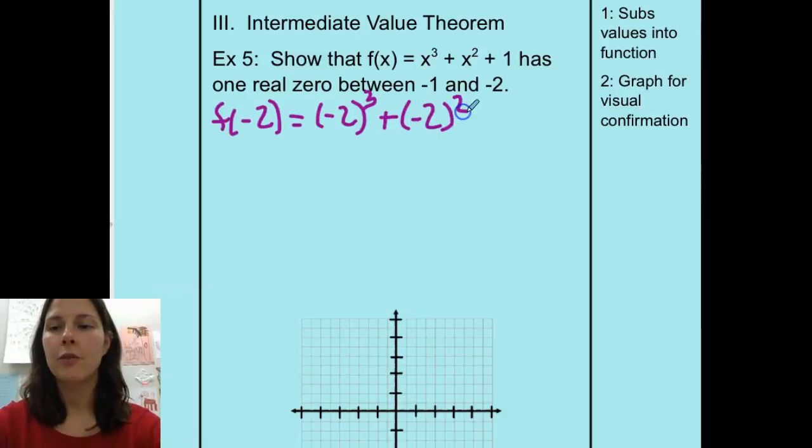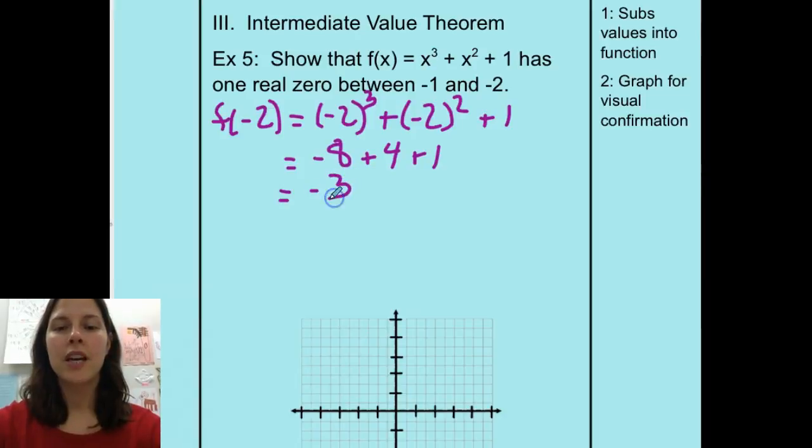Be very careful with order of operations on this one. -2 cubed gives us -8. -2 squared gives us +4. -8 plus 4 is -4 plus 1 is -3. So we have a negative y value at -2. This would be the ordered pair -2, -3.